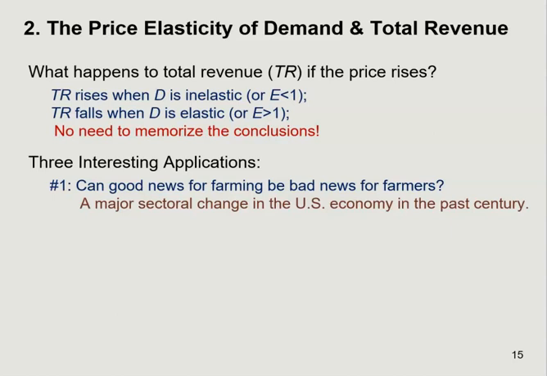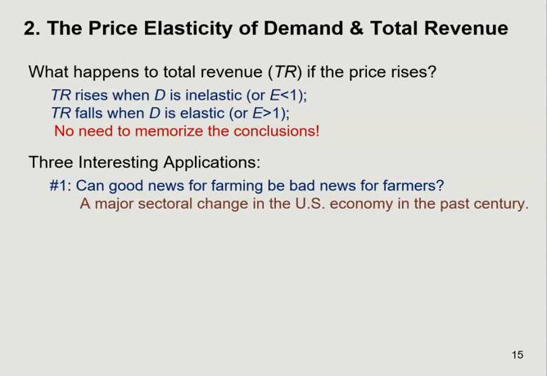Again, you can find more details in the textbook about this. One thing I would like to point out is that I really like the discussion Greg Mankiw put over there about the major sectoral change in the U.S. economy in the past century.